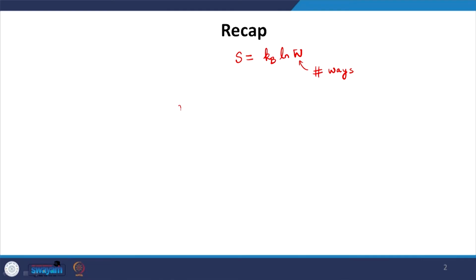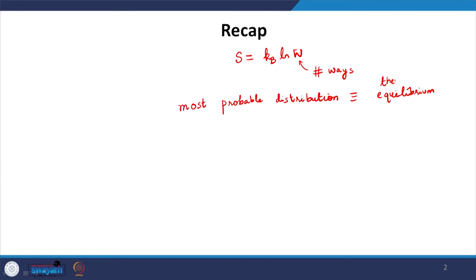And the second thing I have said is that there is something called a most probable distribution, which actually refers to what I know in thermodynamics as a condition of equilibrium. We saw this also in the context of a chemical equilibrium, so the idea is more general, although we talk in this course particularly about thermodynamic equilibrium.